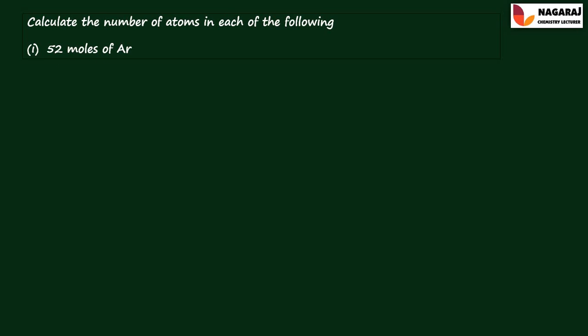So Ar is nothing but argon. So write this standard statement, that is 1 mole of argon contains Avogadro number of atoms, that is 6.022 into 10 to the power 23 atoms.